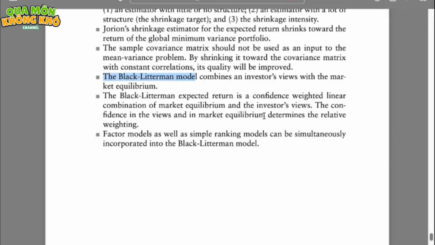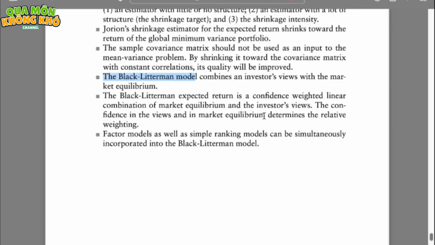Okay, and the second step is about the investor view, the investor's opinion about the market, and this opinion will change the return of our assets. Because our assets are correlated together, if we change one asset, it changes all the assets.